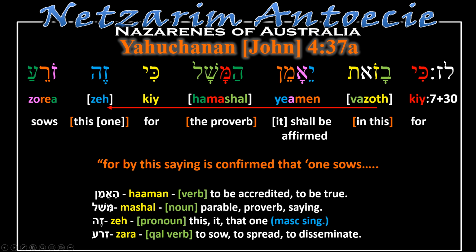So we could say to be found true, or it shall be affirmed. Ha-mashal. The proverb. A mashal, if we look down here, it's a proverb, but it's a noun. It can mean parable, proverb, or even a saying.